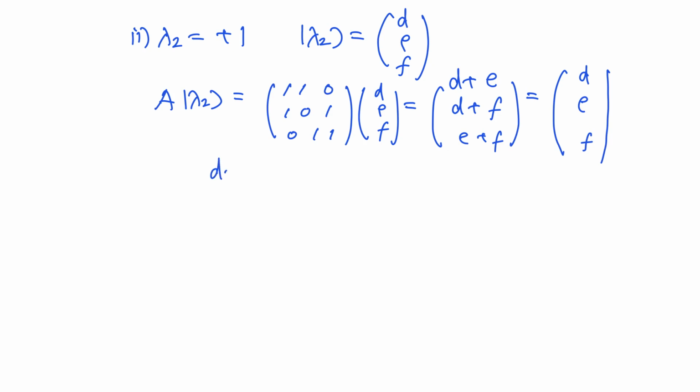So D plus E is D. So that means E is equal to 0, right? E plus F is equal to F. Okay. E is equal to 0, right? So D and F are arbitrary.